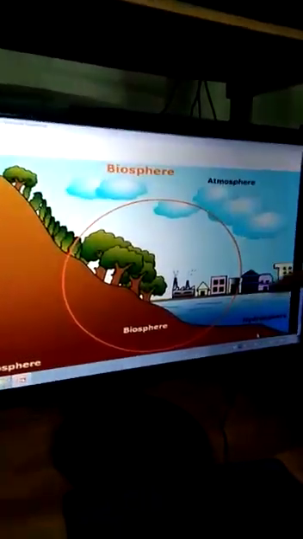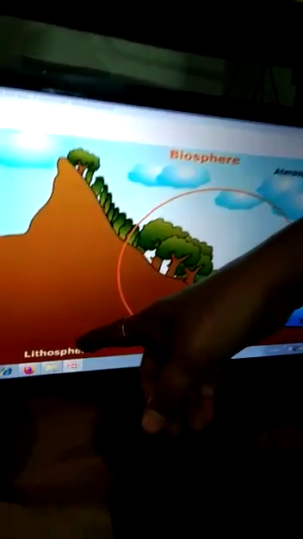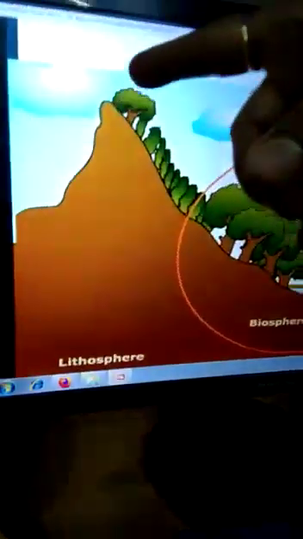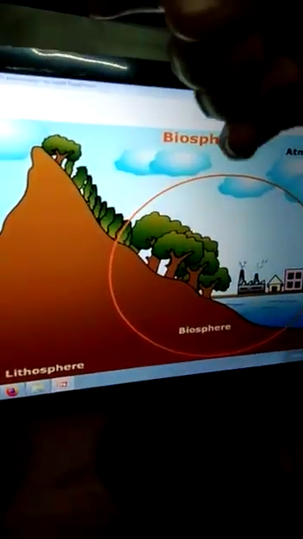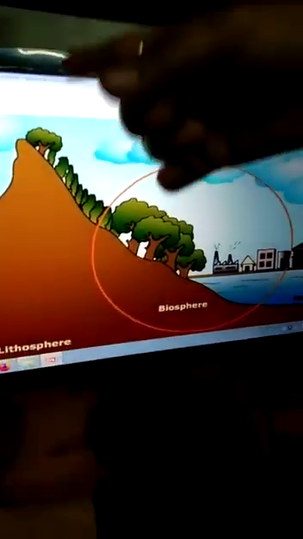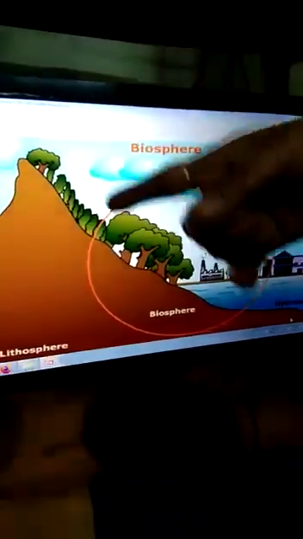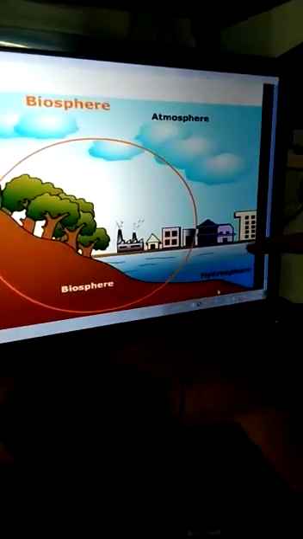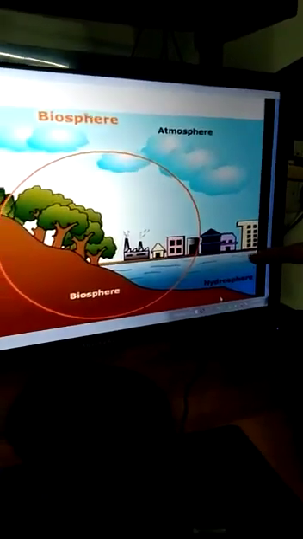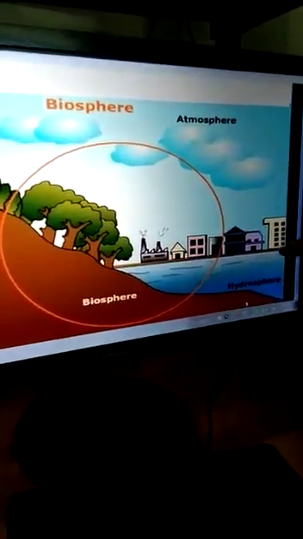See the picture here. If you see the lithosphere separately, is it possible to sustain living organisms on the very high peaks of the mountains? We have to carry oxygen cylinders, and otherwise also it is not possible. If you see only the hydrosphere, except for aquatic animals, other living organisms cannot live here.